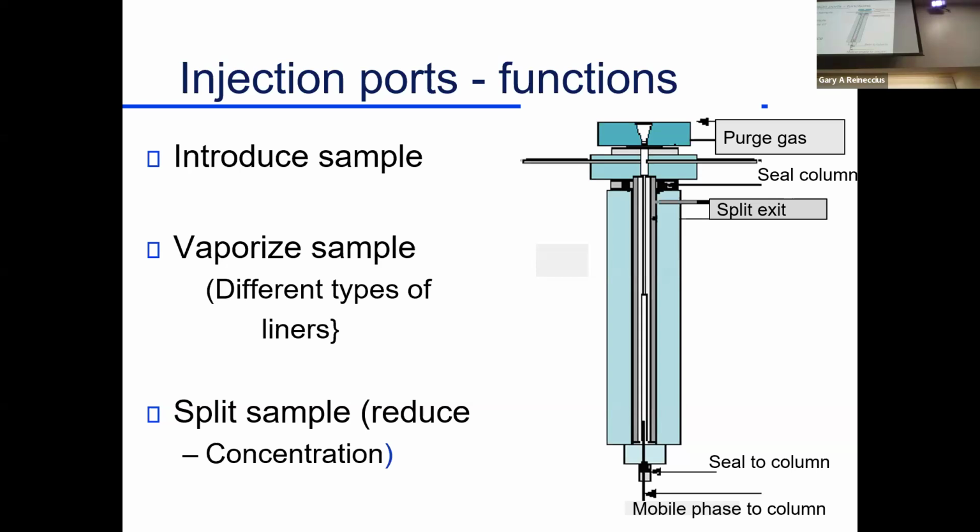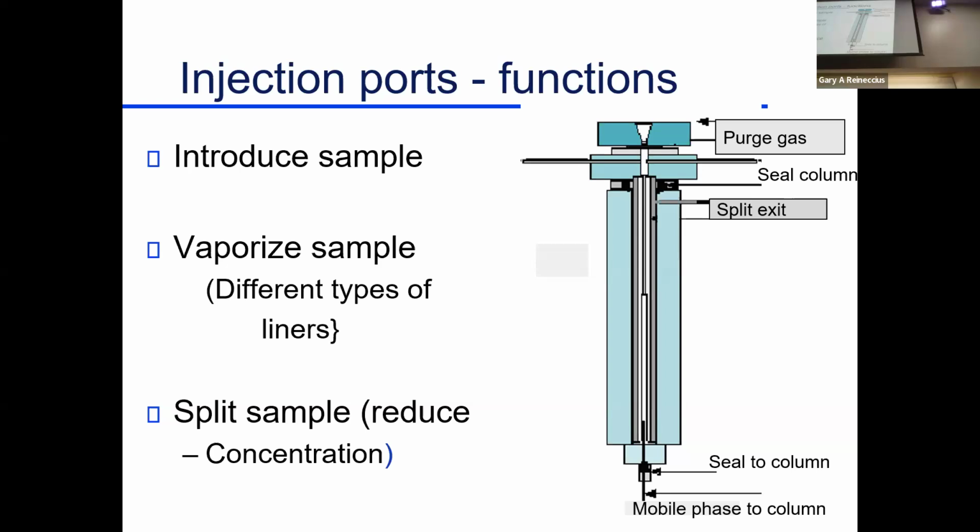Some of that gas goes straight across where it says purge gas. A small amount of gas is always coming across the top as purge gas. The reason for that is keeping everything clean. You don't want anything to build up, any degradation products. So we keep the system clean with that purge gas.